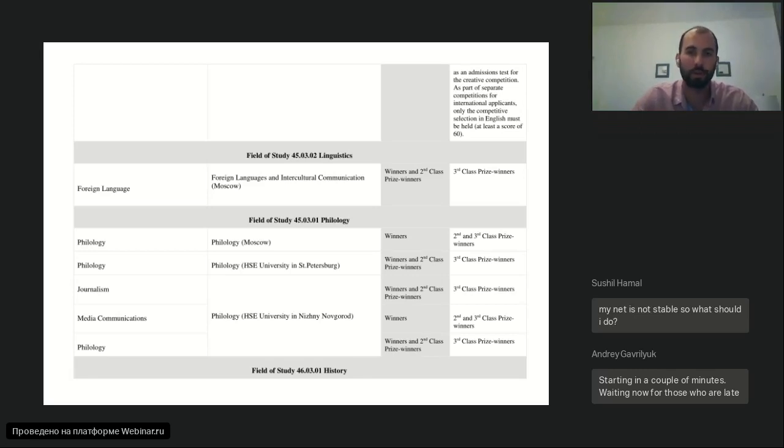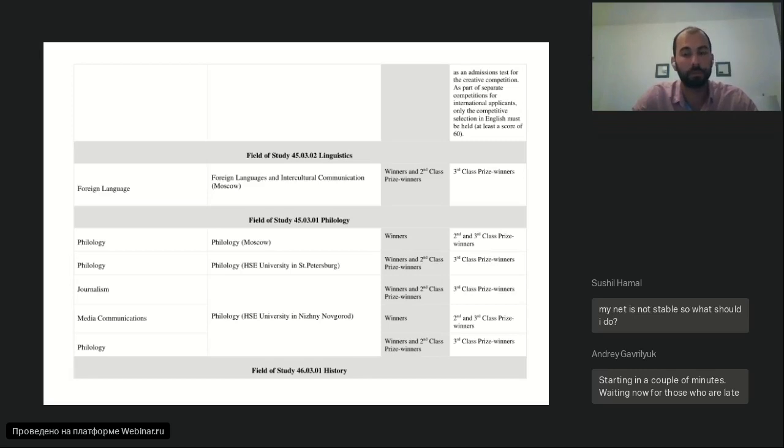So this year's rules will be fixed just in December of 2020, in December of this year, and just at that moment you'll get the precise information on which faculties, which educational programs will do these admissions and under which rules exactly.